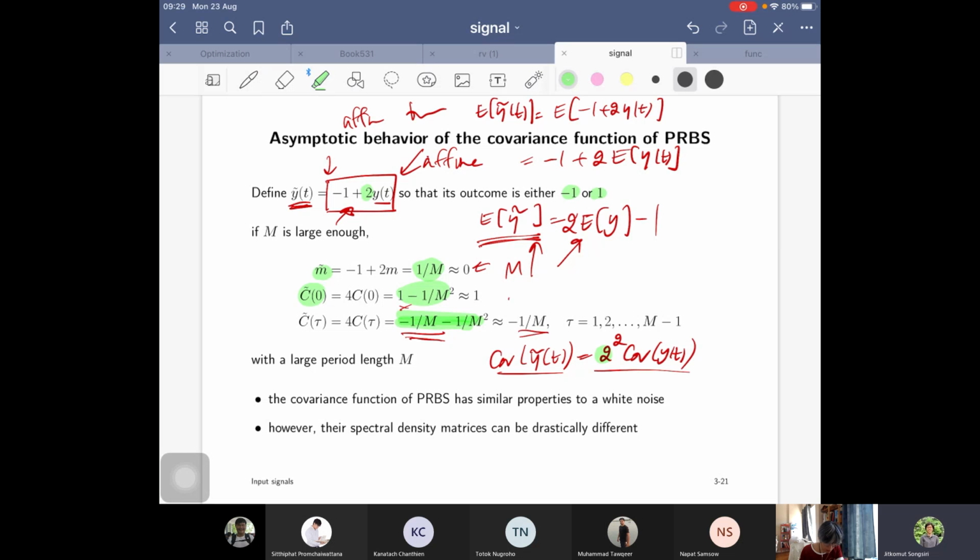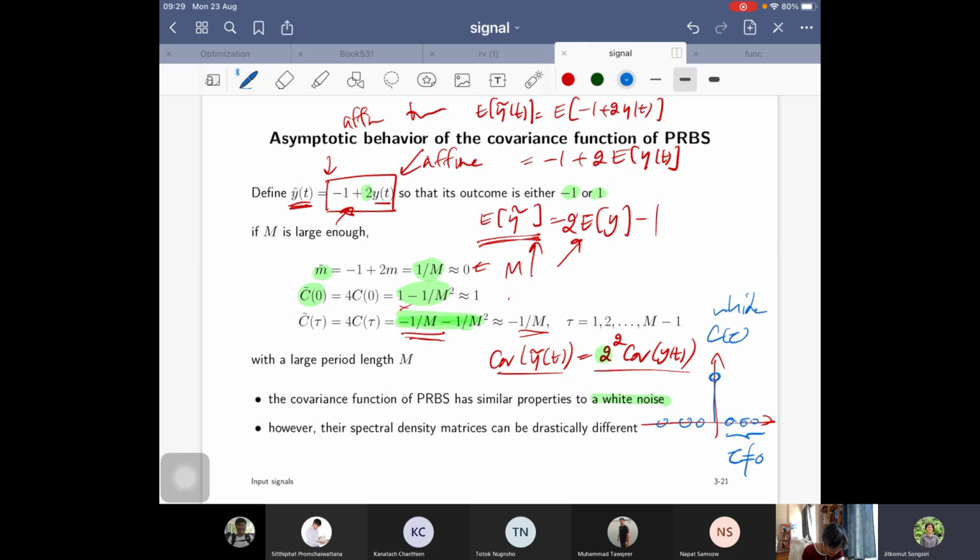The covariance function of PRBS is similar to the property of white noise, because white noise has autocorrelation as the delta function. This is the covariance of white noise, which is exactly 0 when tau is different from 0.